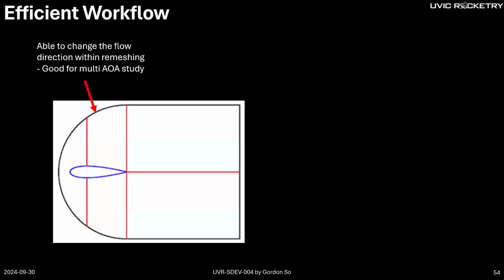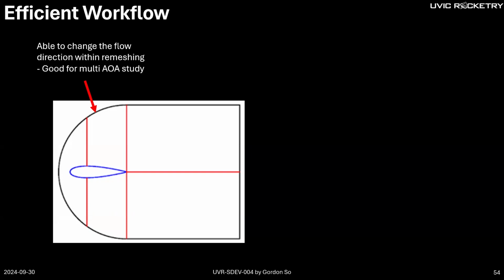In terms of an efficient workflow, one thing to mention about a domain geometry is that when you see something like this, it's actually pretty good because you can change your angle of attack, your flow, without remeshing, which saves you so much time, because every time you change the geometry and remesh, you get different errors, and your mesh will no longer be the same mesh. So you are not really comparing apples to apples.